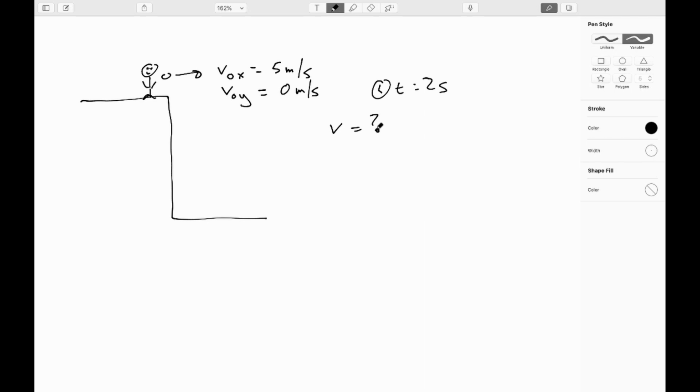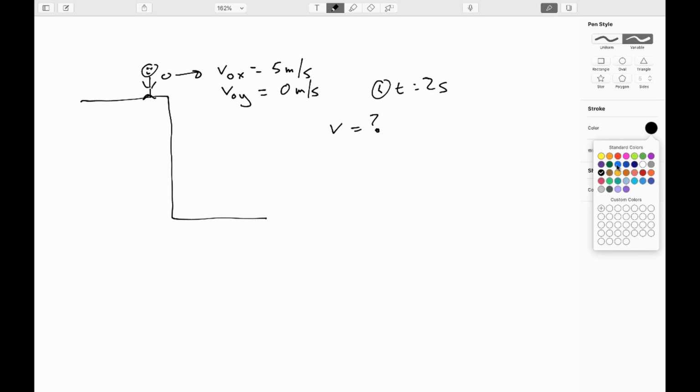So notice I asked for the speed, but it'll turn out here that what I'll have to do is actually solve for the velocity. I'll have to solve for the x and the y components separately because I always have to do that. I can only solve for the x piece in the land of x. I can only solve for the y piece in the land of y. And then at the end, I'll use the Pythagorean theorem to put them together.